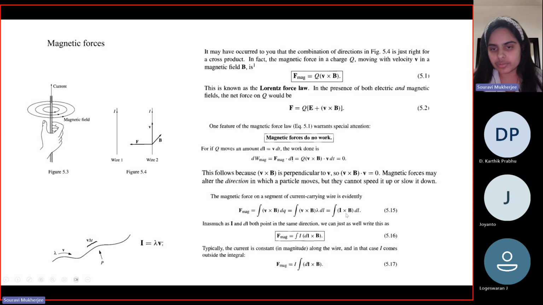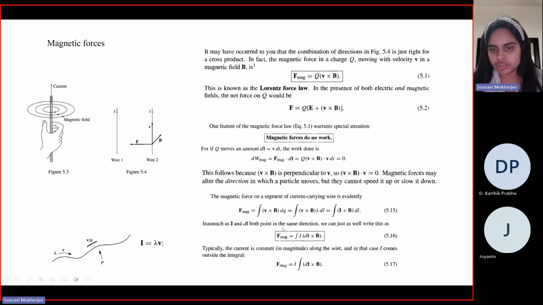So what you have done here is V cross B, and in place of Q, you write lambda into dl, and then you integrate over your entire current carrying wire. Now, the direction of your current is actually the direction of the velocity of your charges. So you can consider that the line element that you have chosen is in the same direction as your current.